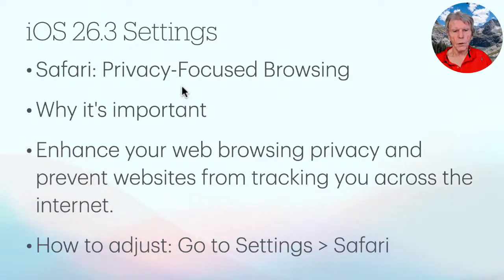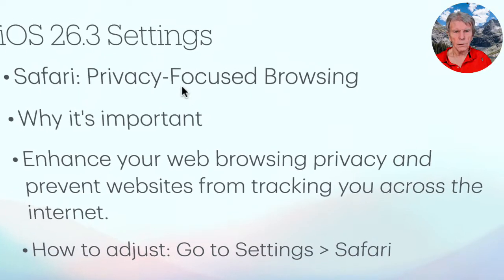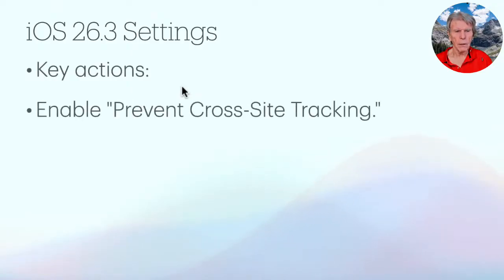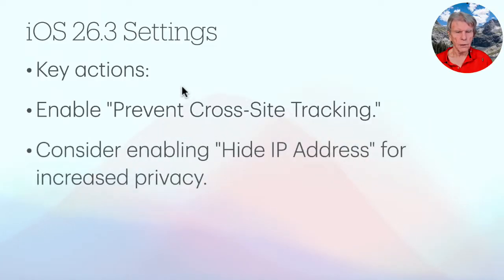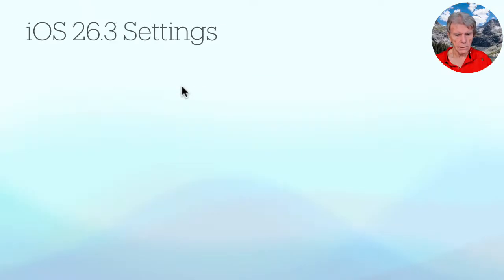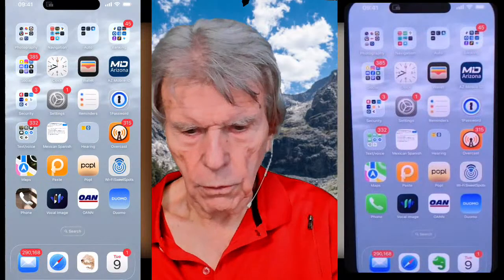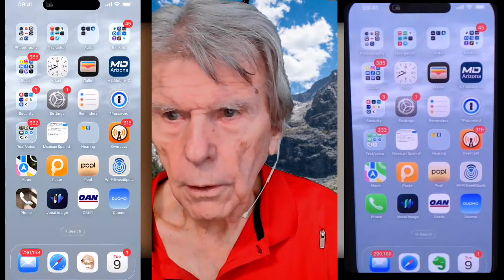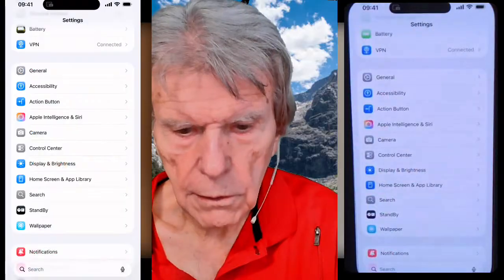To adjust that, you go to Settings, Safari, and the actions there are Prevent Cross-Site Tracking, and you can also consider Hide IP Address for increased privacy, and then you want to review your website tracking and camera and microphone access. So let's go back to our phone and go back to Settings.